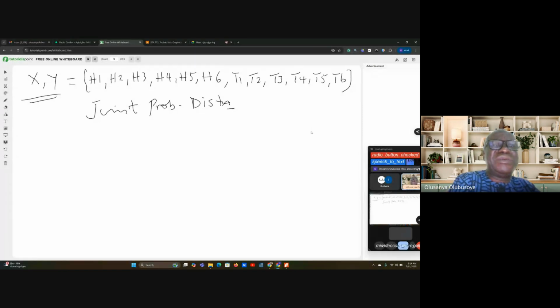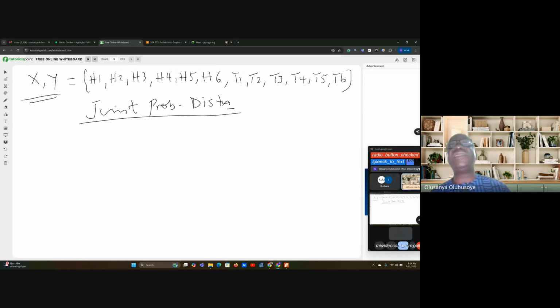It's the same principle in the joint probability distribution. We are going to look at each of these joint outcomes and their probabilities.